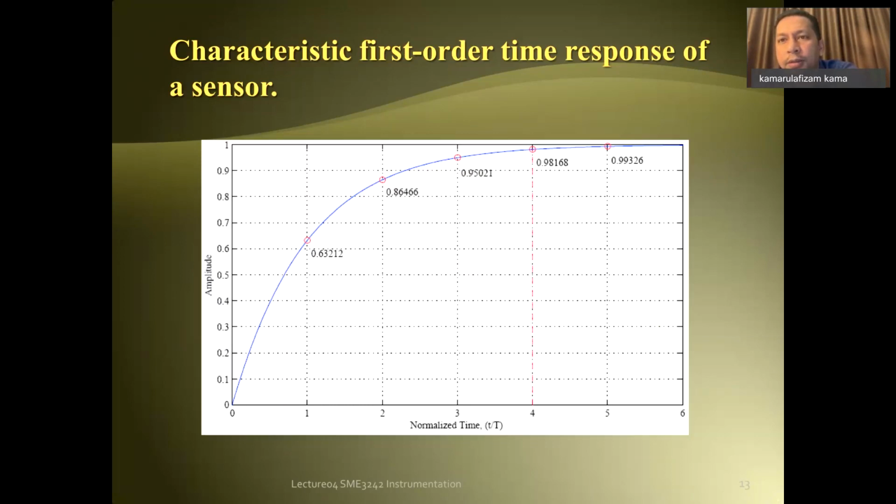Different manufacturers, different kettles, different boilers reach 5T in different times according to the design and power rating. But we can use the terms T and 5T in all of the cases.